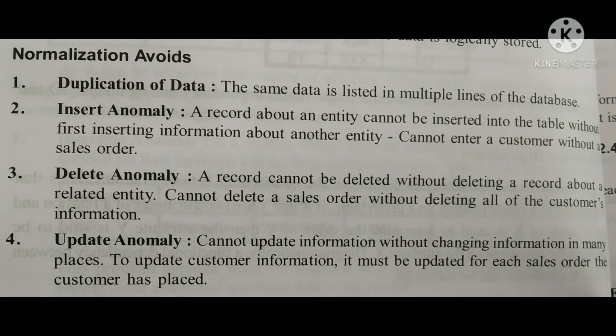Order 4: the customer is Rishabh, the contact person is Manish, and the total is 928.53. The above relation satisfies the properties of a relation and is said to be in the first normal form, or 1NF.